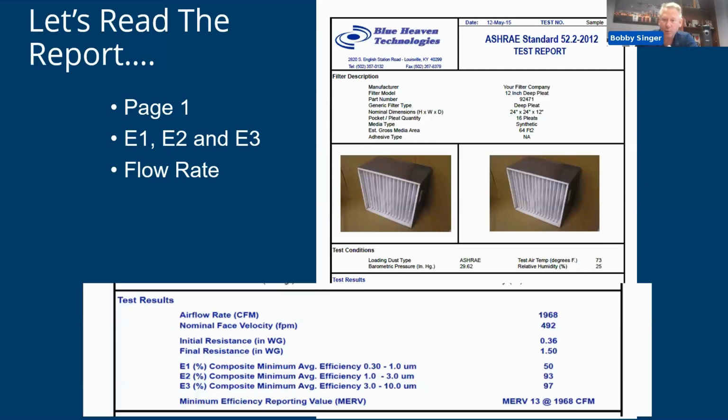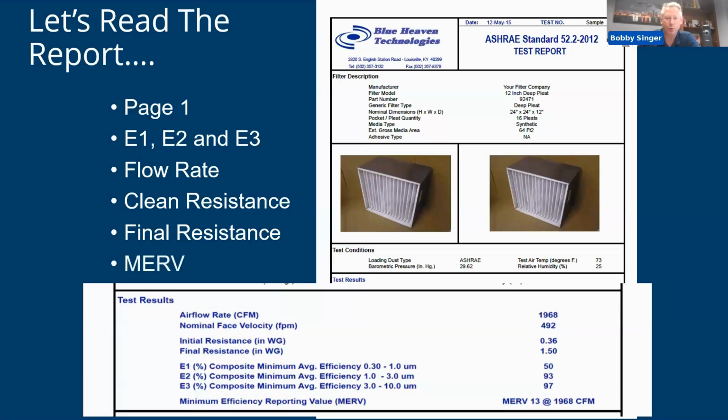It's important to know what flow the test was performed at. We're going to list the clean resistance of the filter, the final resistance of the filter. Again, important to know: dust holding capacity to 1 inch is not going to be the same as it is to 1.5 inches on the same filter. So it's important to know these little details when you're looking at a report. And then obviously the MERV rating.